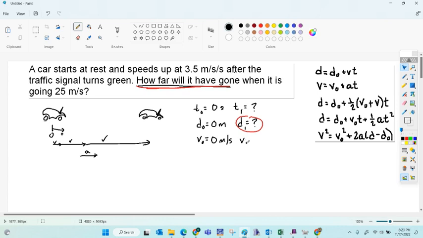We actually know our last velocity. We know our ending, our later velocity. Our later velocity is 25 meters per second. From our drawing here, we can remind ourselves that it is in the positive direction, so we're good here. And the acceleration for the whole thing is 3.5 meters per second squared, found right here.